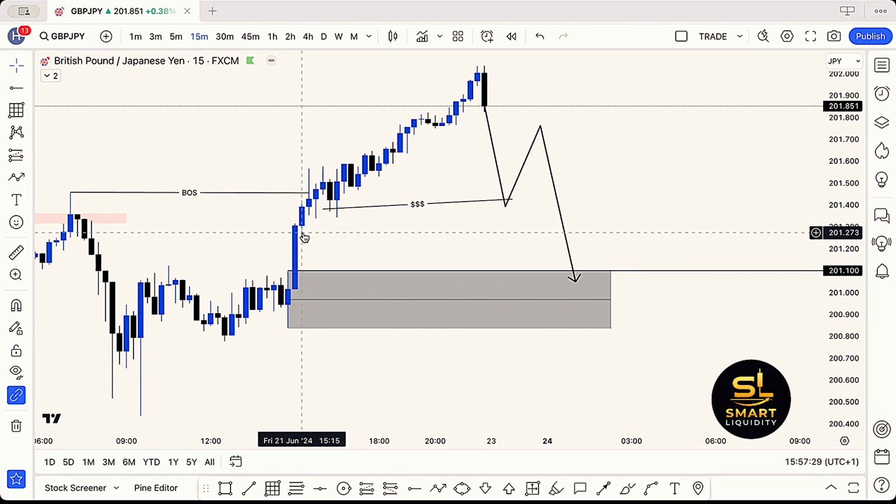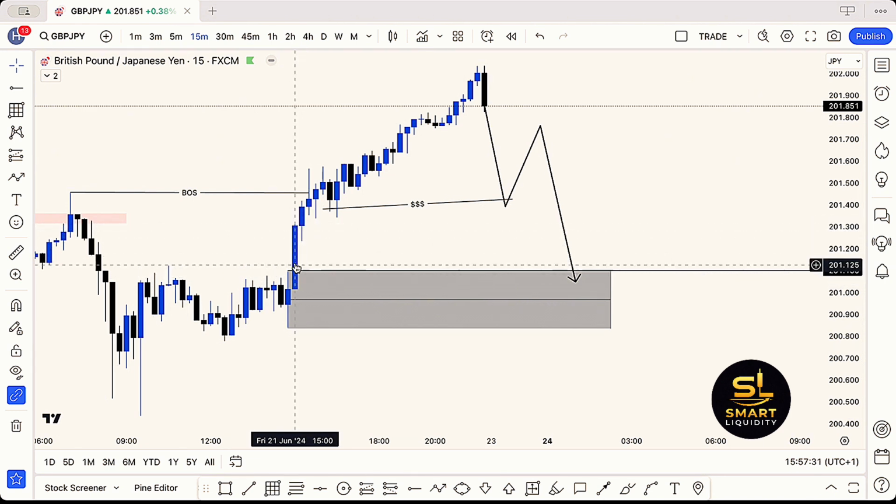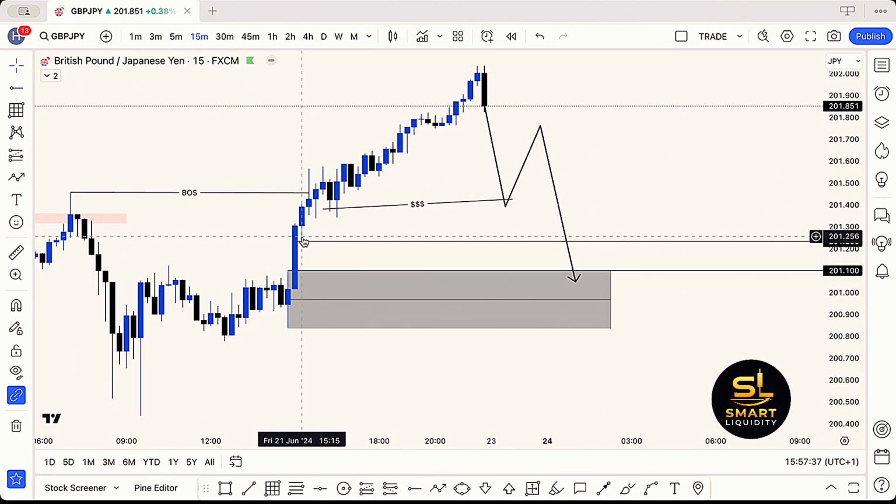Another one opened immediately and tried to cover up the gap caused by this candlestick, but it didn't close up the gap. So from this particular line to this particular line, we have an imbalance present, and it's very close to our origin.